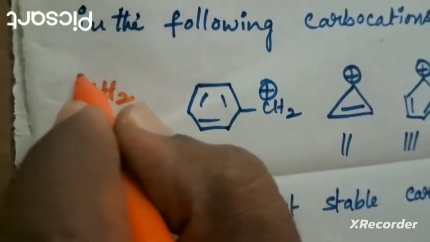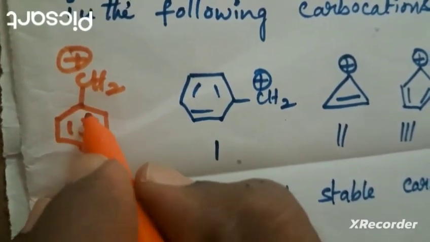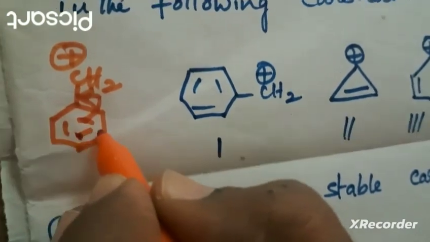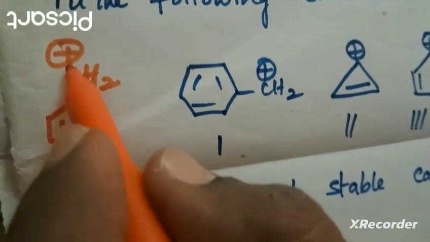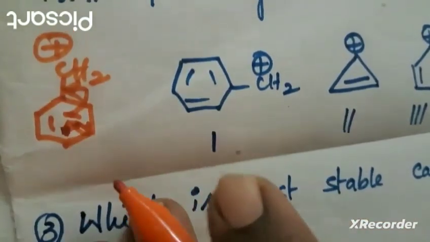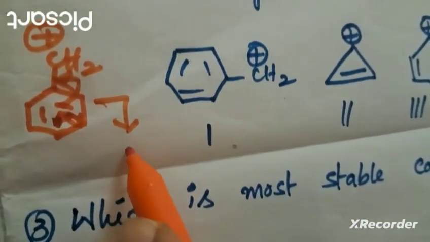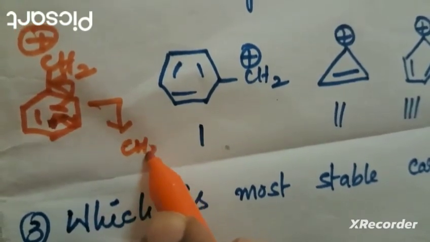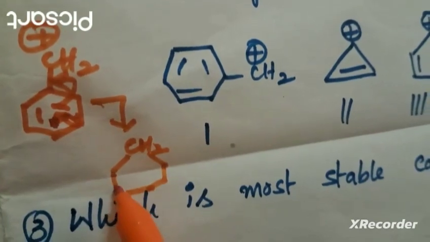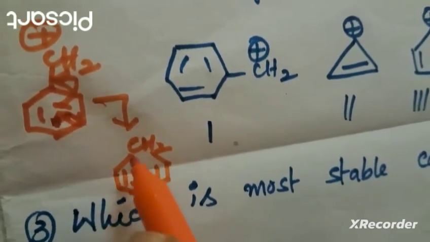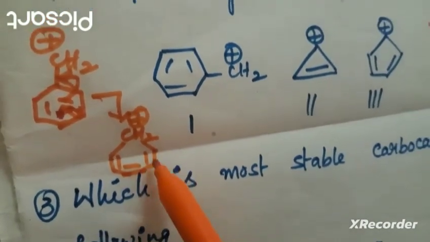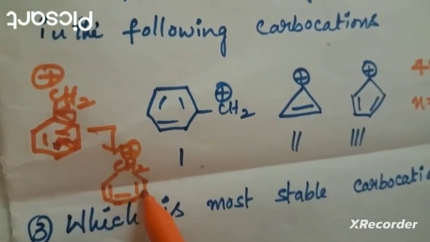In these 7 carbon atoms, alternating double bonds and a planar structure are possible, and also all the carbon atoms are sp2 hybridized. So finally it gives CH2, this cation, which is called the tropylium cation. So this gets stabilization by aromatic nature.